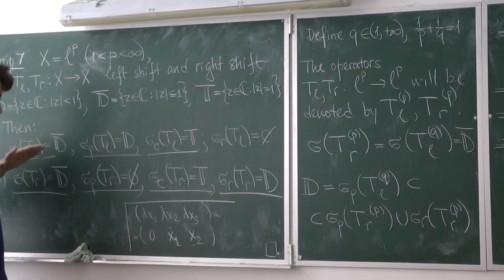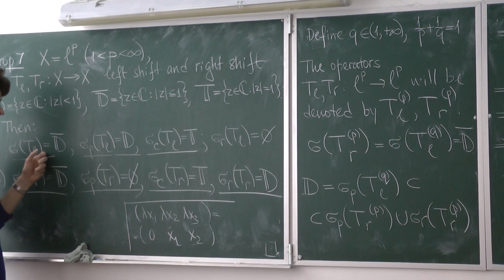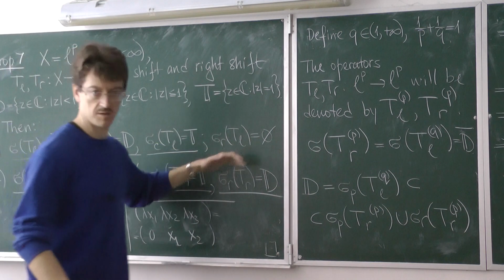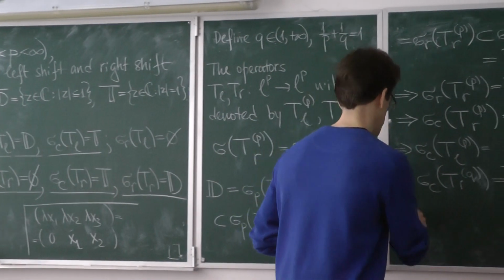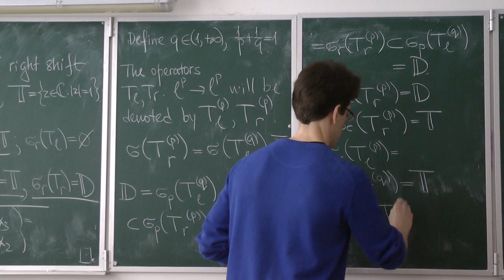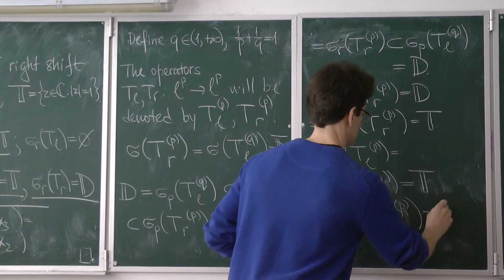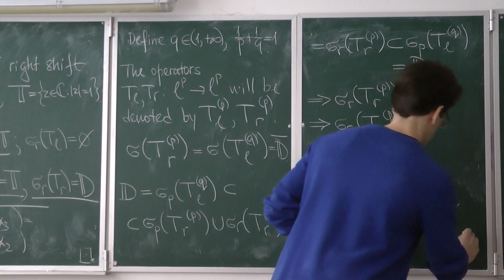And again, since the parts of the spectrum are disjoint, and the spectrum of the left shift is the closed disk, we conclude that the residual spectrum of the left shift is empty. And this completes the proof.